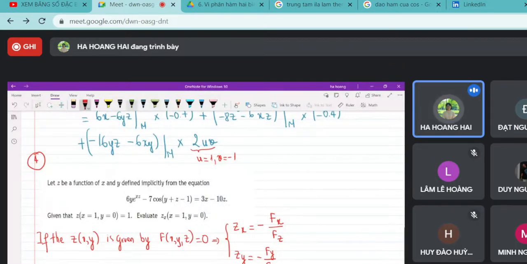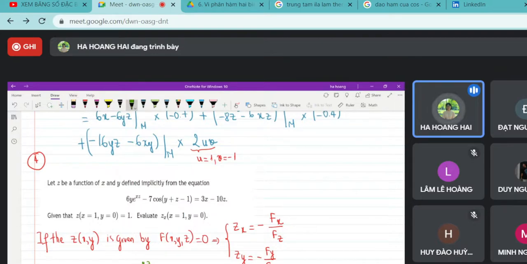Okay, so in this case, let's rewrite the expression f. This is equal to the equation we are given, minus 3x plus 10z, right?